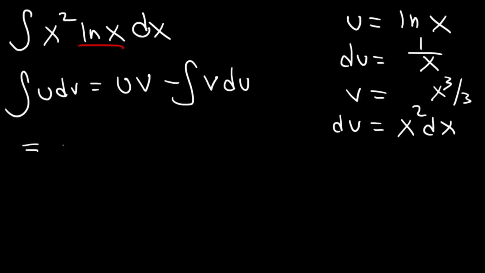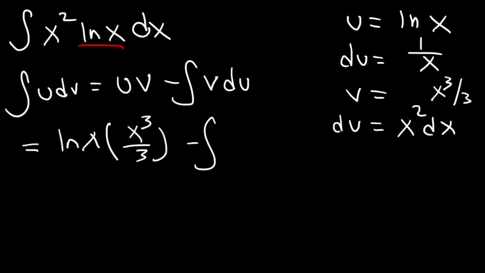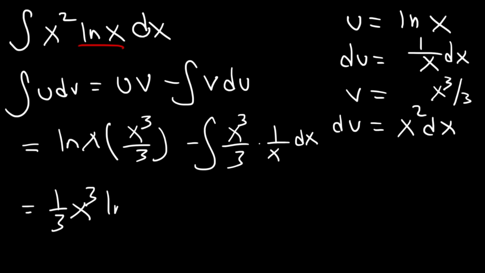U times v, that's going to be ln x times x cubed over 3 minus the integral of v times du, and du is 1 over x dx. So this is equal to 1/3 x cubed times ln x. And then we could cancel an x. And so we have minus 1/3 the integral of x squared dx.